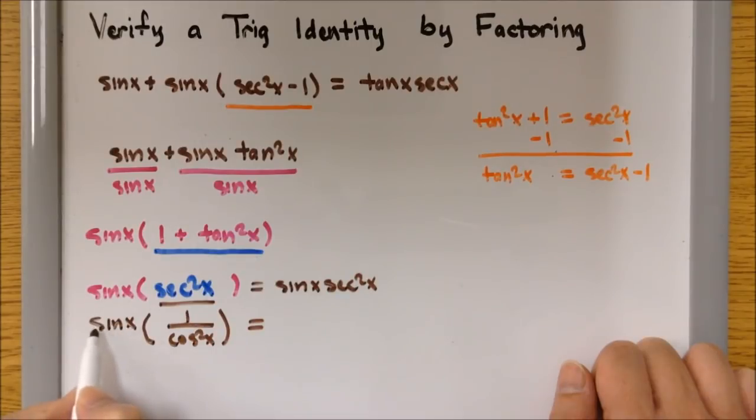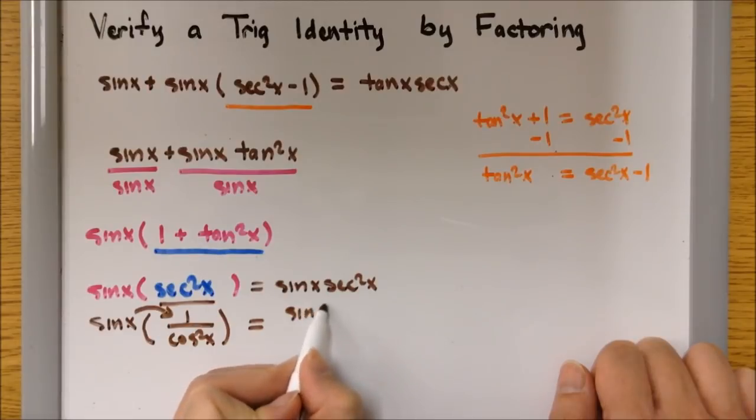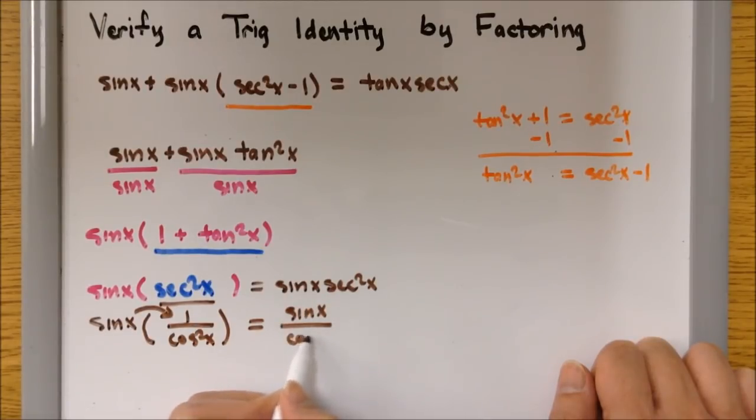Now, as I mentioned before, sine of x right now is like a whole number, so I'm just simply going to multiply to the numerator, which will be sine x over cosine square of x.